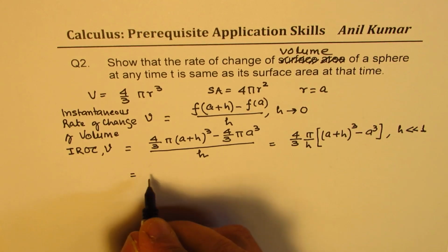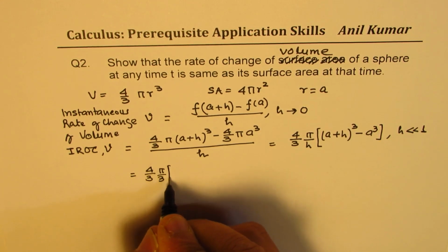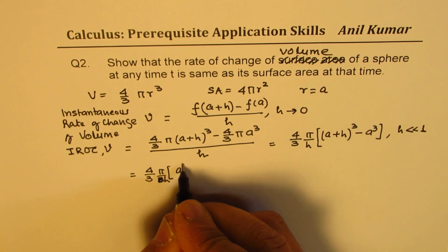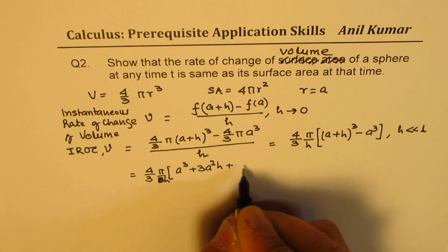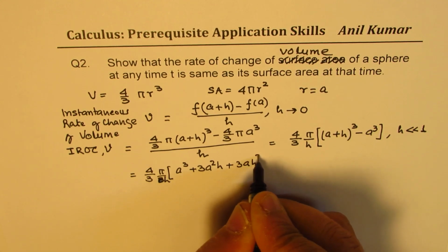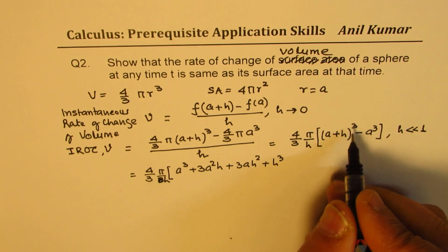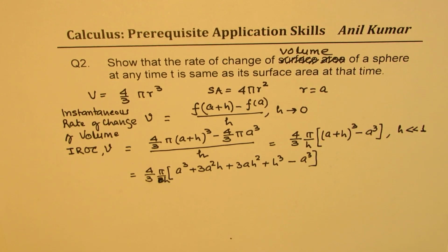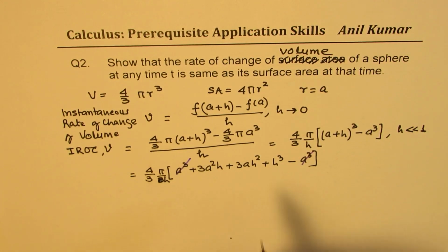So what we get here is 4 by 3 pi over h. Expanding we get a cube plus 3 a square h plus 3 a h square plus h cube, correct? That is the expansion of a plus h whole cube minus a cube. Now a cube and a cube will cancel. We are left with a few terms here and h is common in all of them.